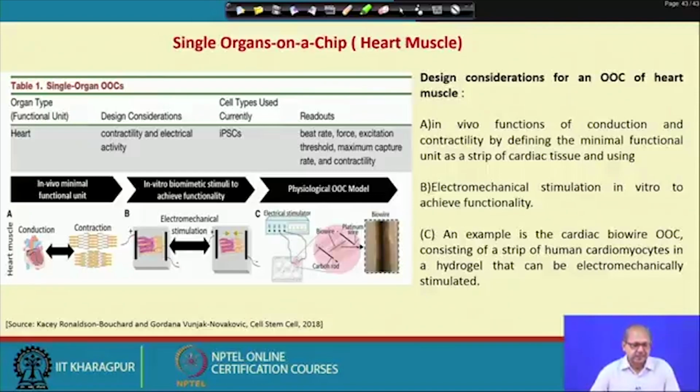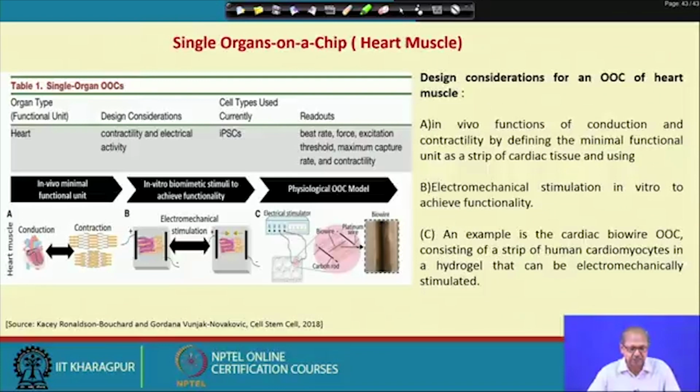That contraction is induced by electrical polarization that could be mimicked by electrodes, and in the in vivo system this electrical conduction is done by pacemaking cells or the pacemaking node at the sinoatrial node.